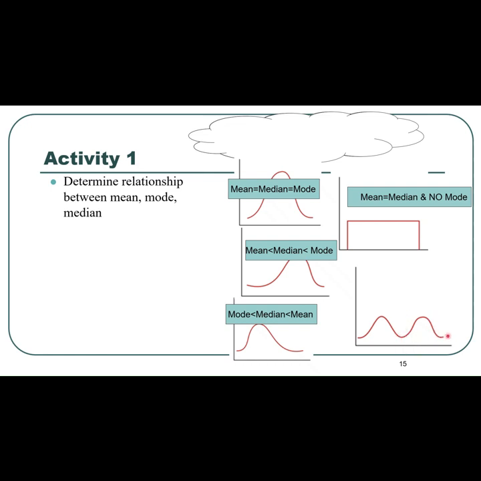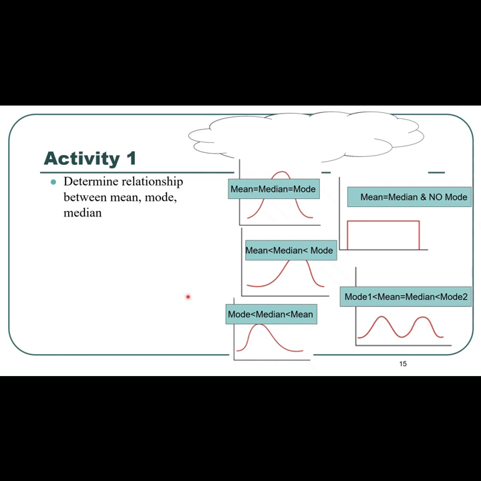In this case, I have mode number one less than the mean, where the mean is exactly equal to the median, and less than mode number two, assuming this tail is exactly the same as that one.